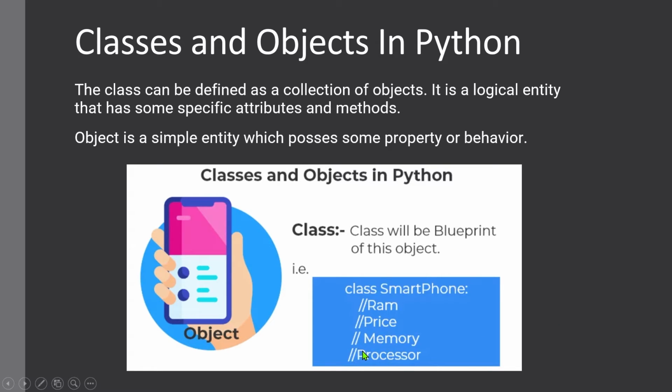This class is nothing but a blueprint of an object, and then we can create objects of this smartphone class. The objects of this smartphone class are nothing but the different models of smartphones available in the market. So this was one example to understand classes and objects.